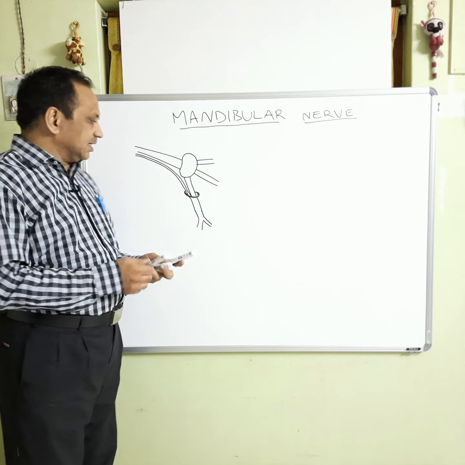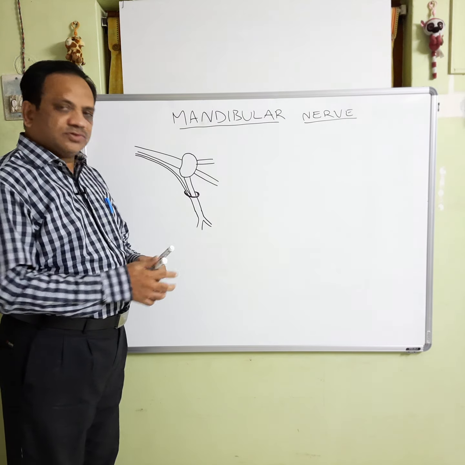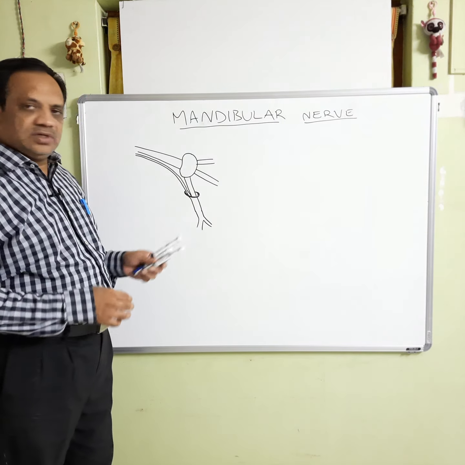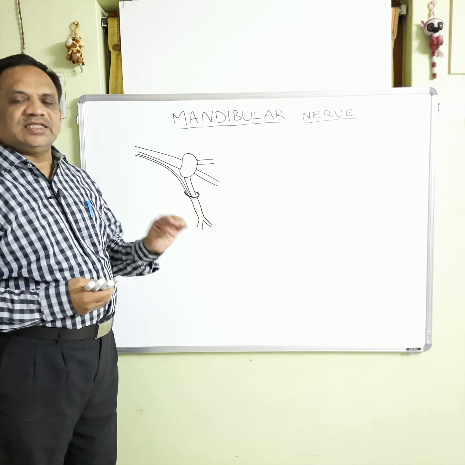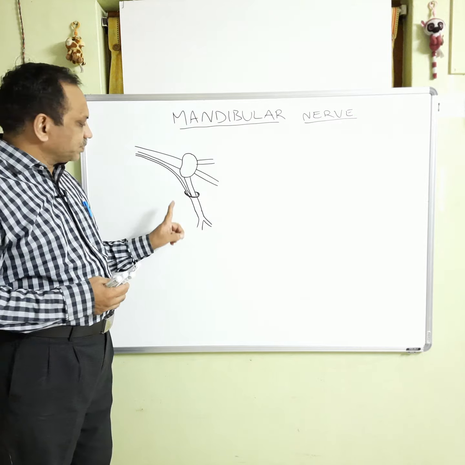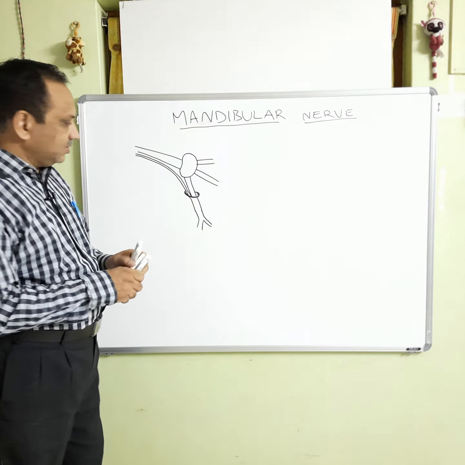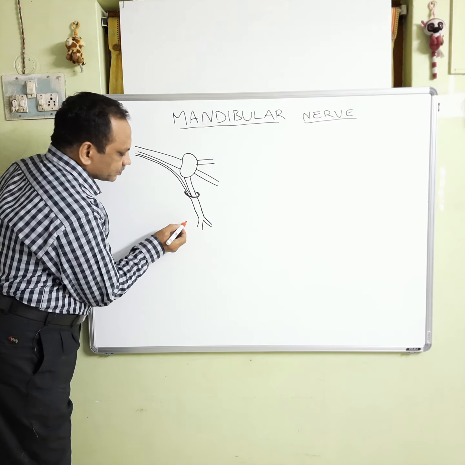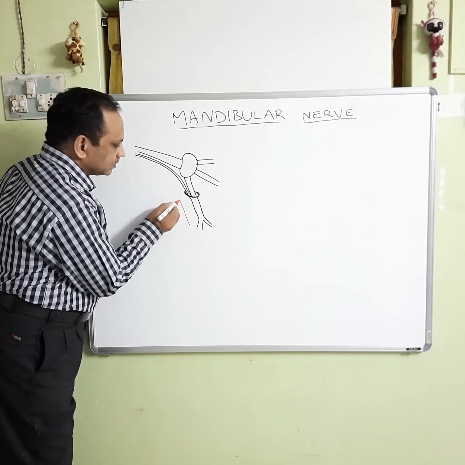From its trunk, the mandibular nerve gives two branches. Before discussing the branches, let us see the relations. Laterally, the lateral pterygoid muscle is present. Posteriorly, we have the middle meningeal artery, like this.